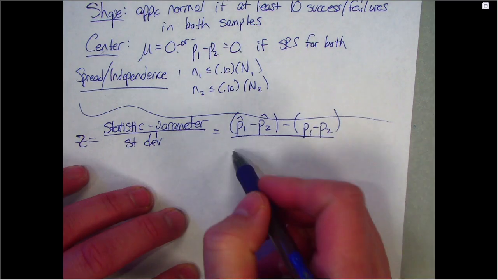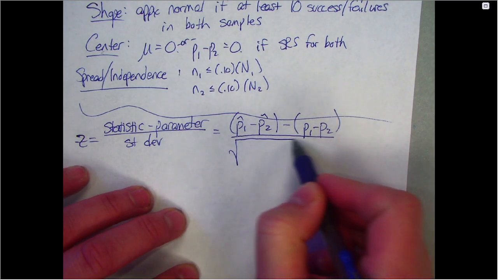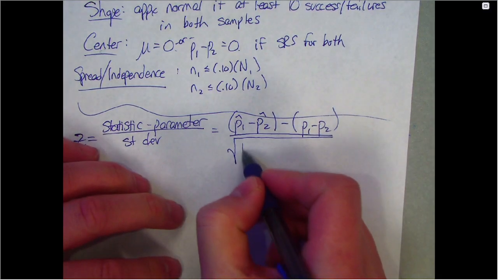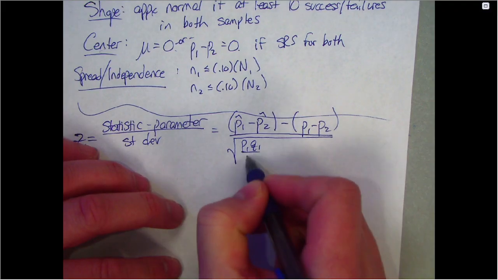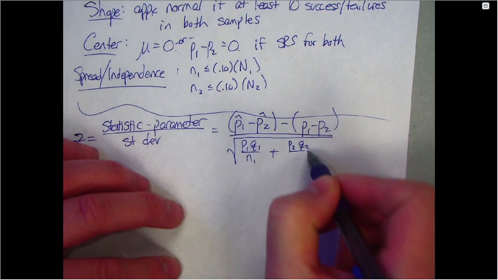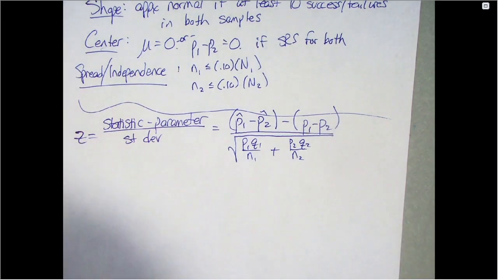Over that giant annoying formula: P1, Q1 over N1, plus P2, Q2 over N2. At least it's 1 and 2 instead of 14 and 17. Yeah, we decided that was stupid. Then I plug in the numbers.